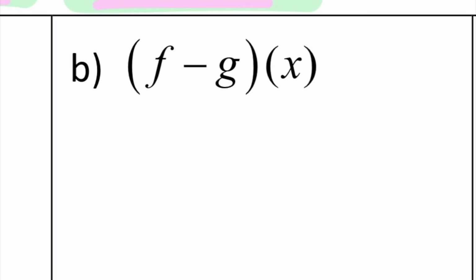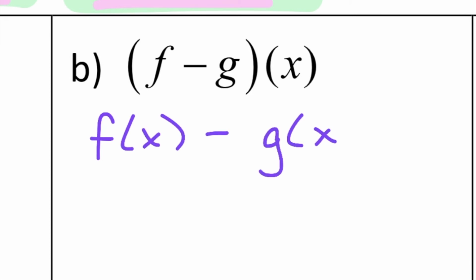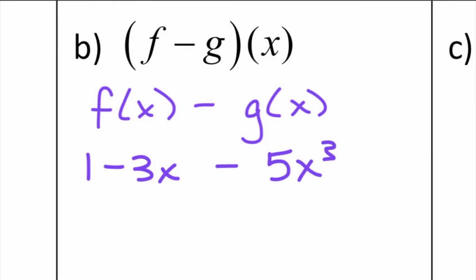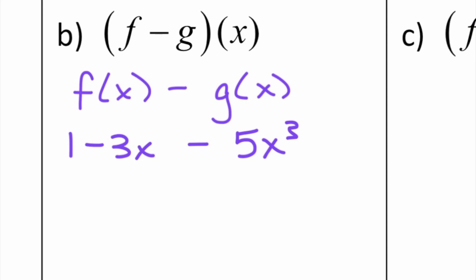In letter B, f minus g of x means f of x minus g of x. And so f of x is 1 minus 3x, and g of x is minus 5x cubed. I should have given that to you in the other direction, g minus f, and then you would have had to distribute the negative. Watch out for that. That might just happen on your test.